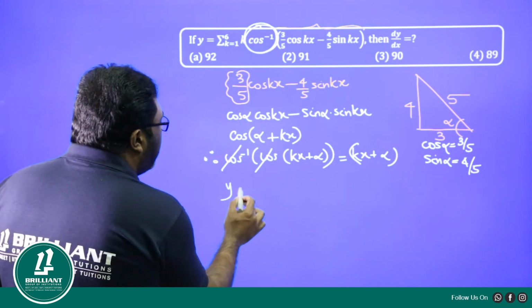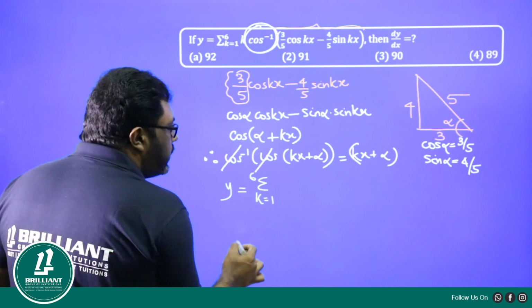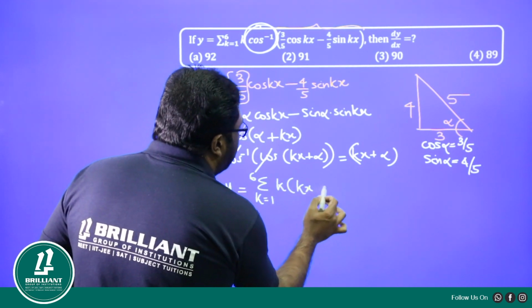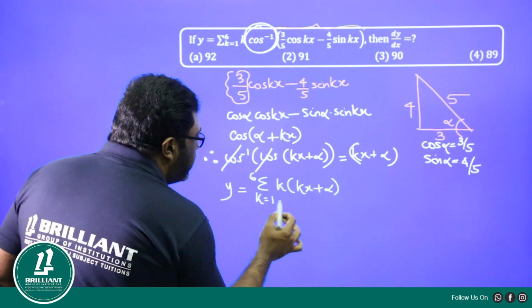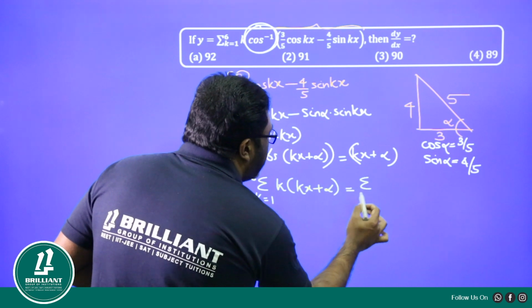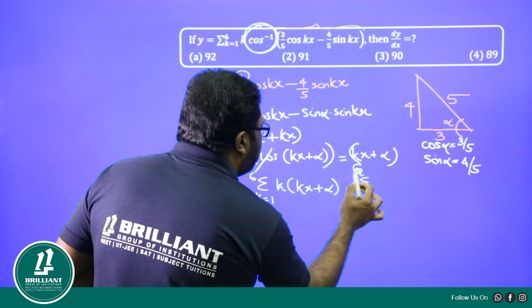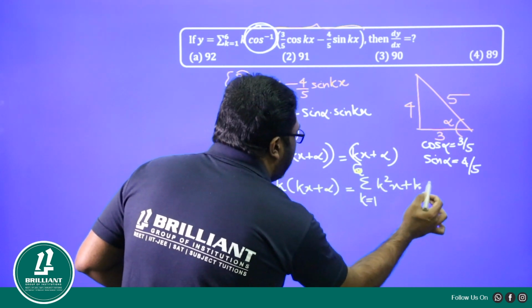Y is summation of k is equal to 1 to 6, multiply k to this expression kx plus alpha. So k when multiplied inside this expression will become summation k is equal to 1 to 6 k squared x plus k alpha.